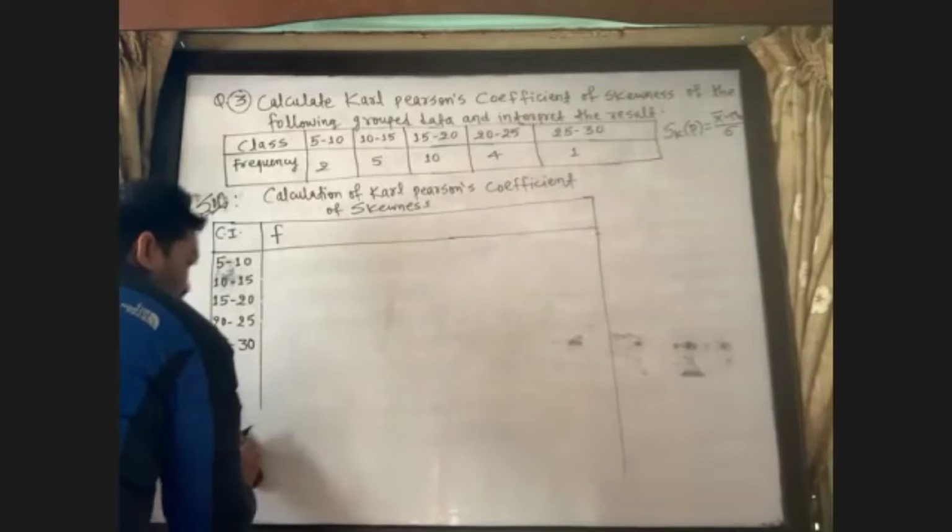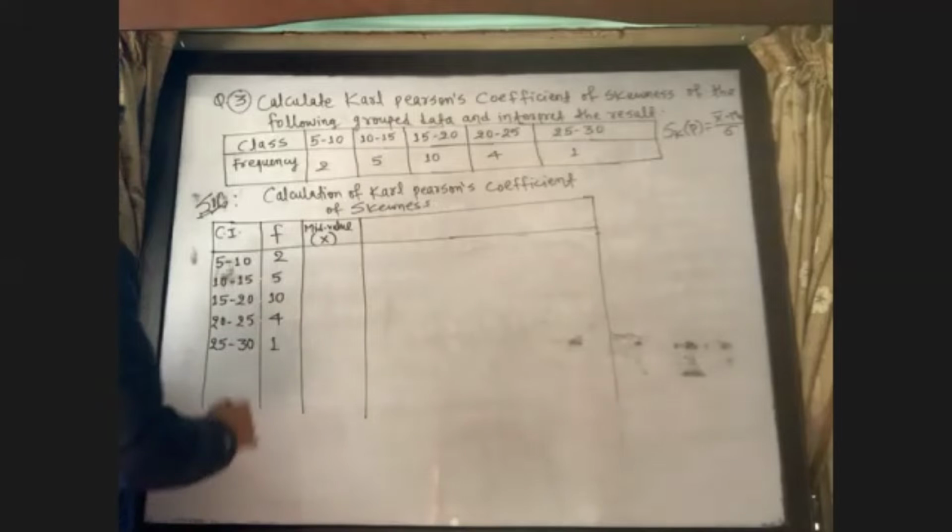Class interval is 5 to 10, then 10 to 15, then 15 to 20, then 20 to 25, after that 25 to 30. These are the class intervals. Then frequency 2, 5, 10, 4, 1.